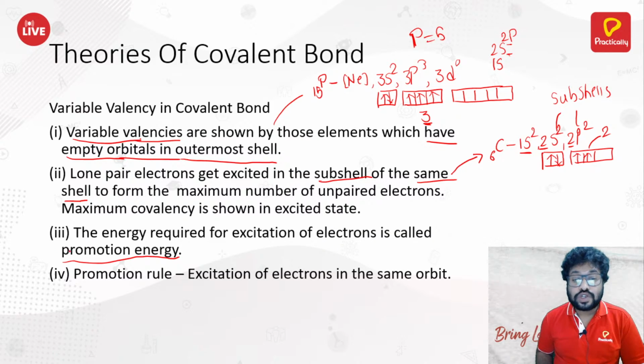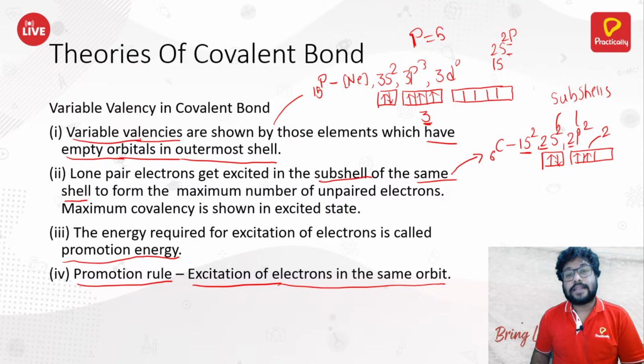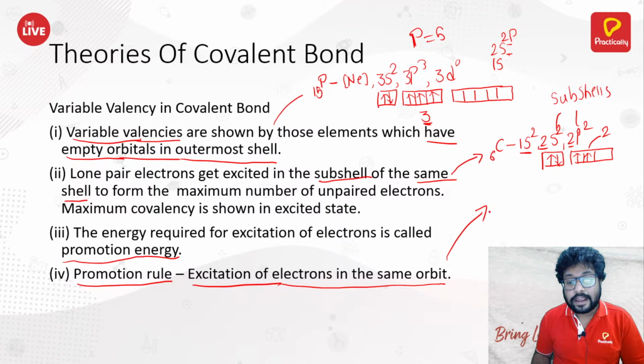And what is the promotion rule? The promotion rule is excitation of an electron in the same shell. What is meant by the same shell? That means the electron always gets promoted from S to P, but this number will never change. The electron never goes from 2s to 3s, and it also cannot go from 2s to 3p.